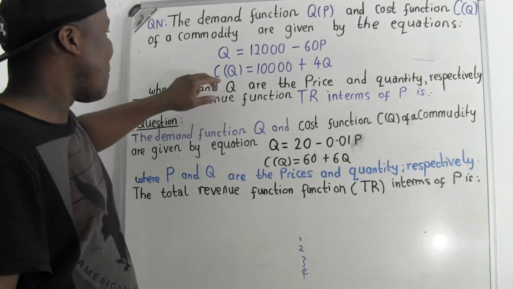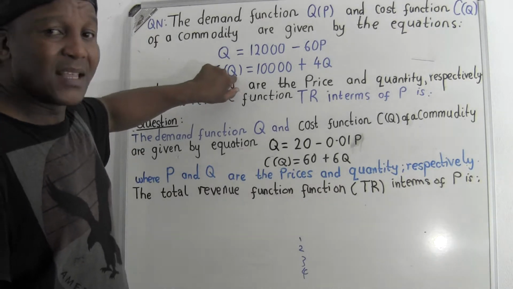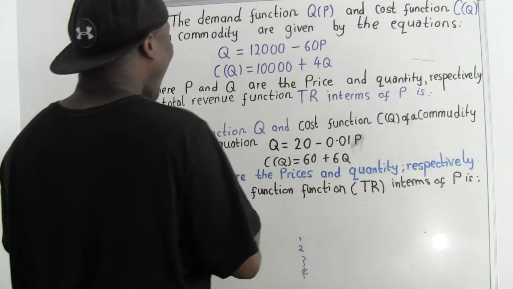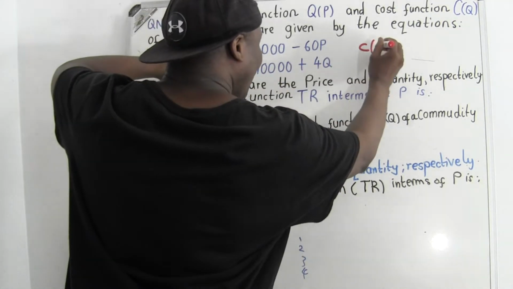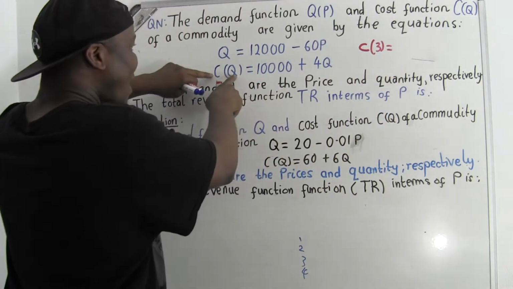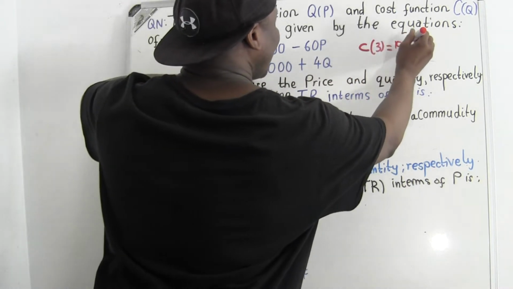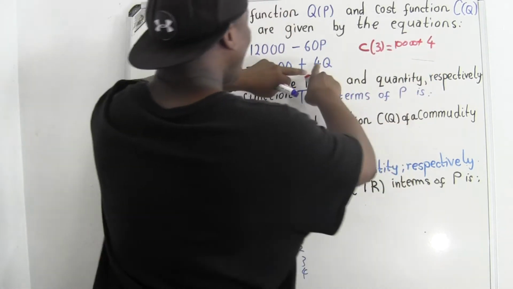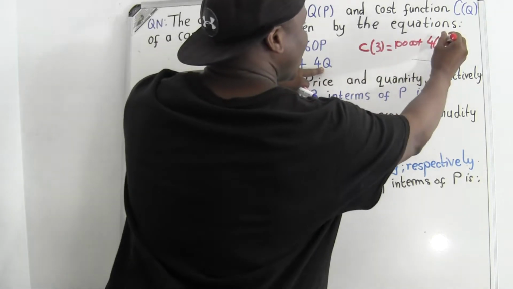This is the cost, but the cost C depends on the quantity. The cost of these pens depends on how many of them. For example, let's say we buy 3 pens. The cost of 3 pens equals, instead of writing Q, I replace it with the quantity: 10,000 plus 4 times Q, which equals 3.